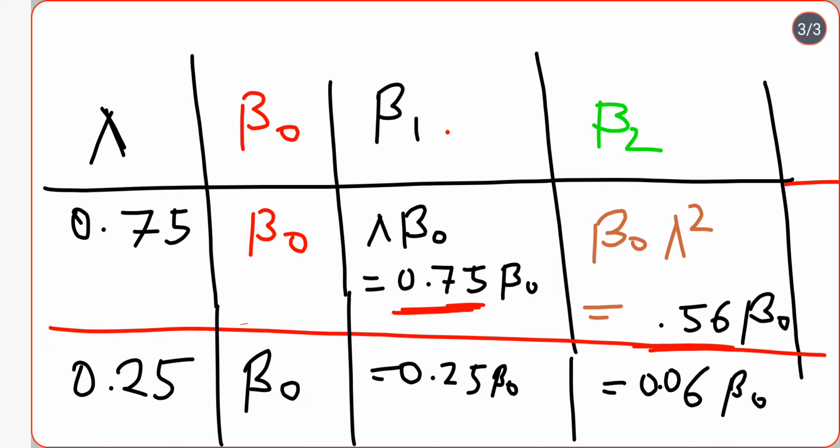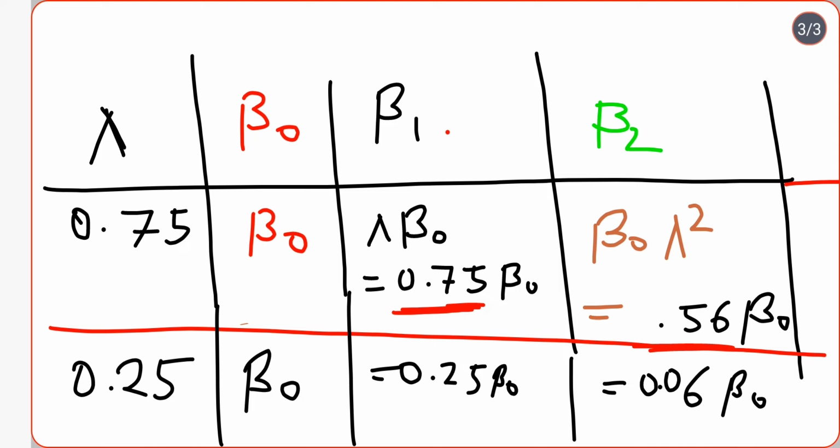So as you can see, in the case where lambda is closer to 0, the values of the coefficients, the impacts of the coefficients, are gradually falling, right, and falling very intensively.